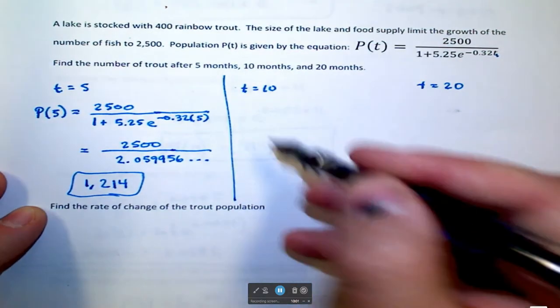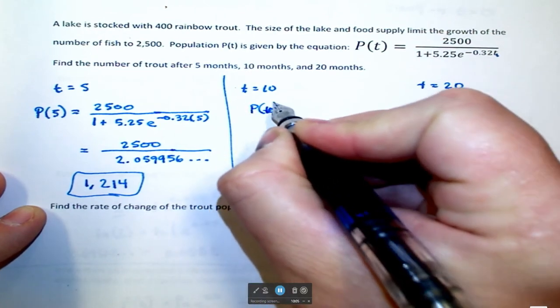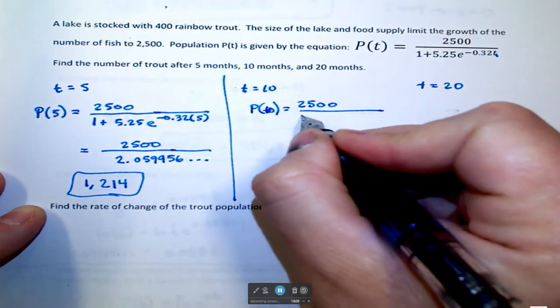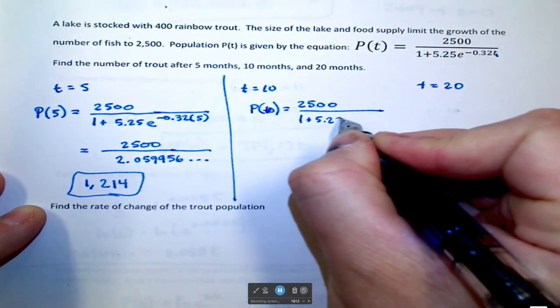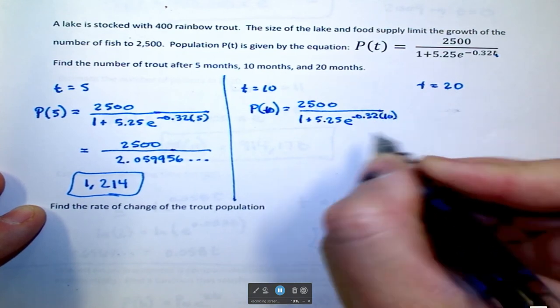Then we're going to do the same thing for 10. So P of 10 is going to be 2,500 over 1 plus 5.25 e to the negative 0.32 times 10.